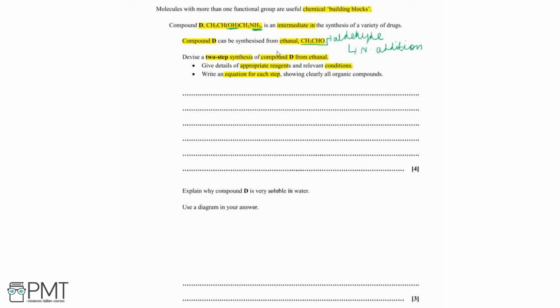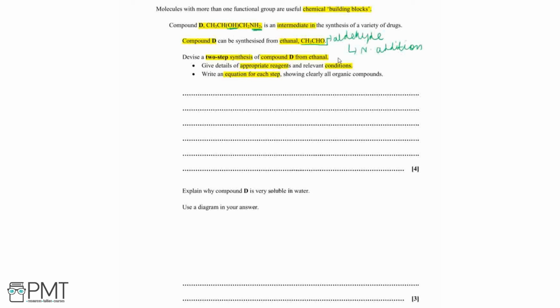And we can see that the main difference between our structure of ethanol and our structure of compound D is we've added on this nitrogen group towards the end, this amine group. We've got a source of nitrogen and we've now got an alcohol instead of a carbonyl bond.